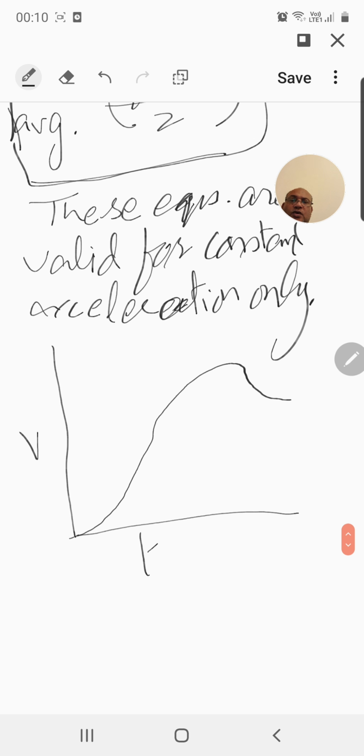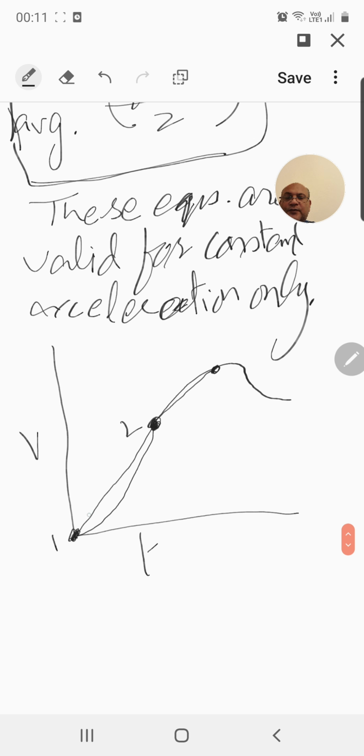If your velocity time graph looks like this, then you cannot use these equations, because here your acceleration is not constant. How would you calculate acceleration here? You will calculate acceleration by taking any 2 points and joining them. If you want to calculate acceleration between point 1 and 2, you will join these 2 points.